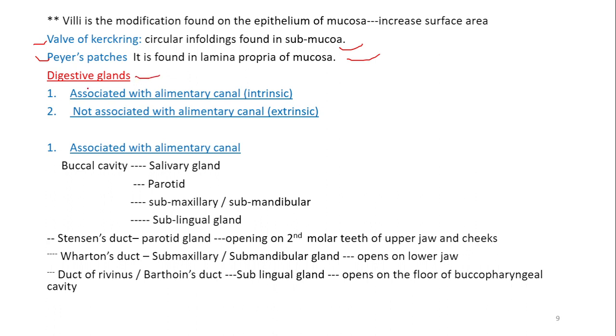Digestive gland. We can consider digestive glands as 2 types.